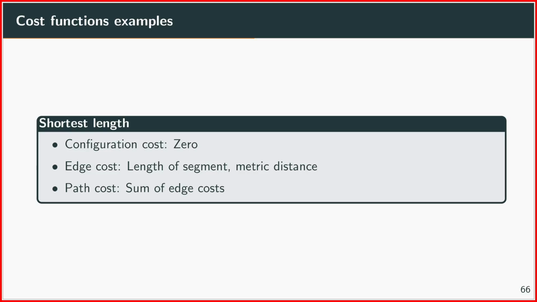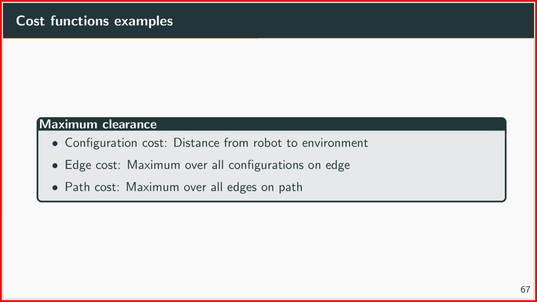But as I said, there are also other reasons why we want to have optimality, and there are other costs which you can define. Another very, I would say, common cost to define is maximum clearance, where you want to stay as far away from your environment with your robot as possible.